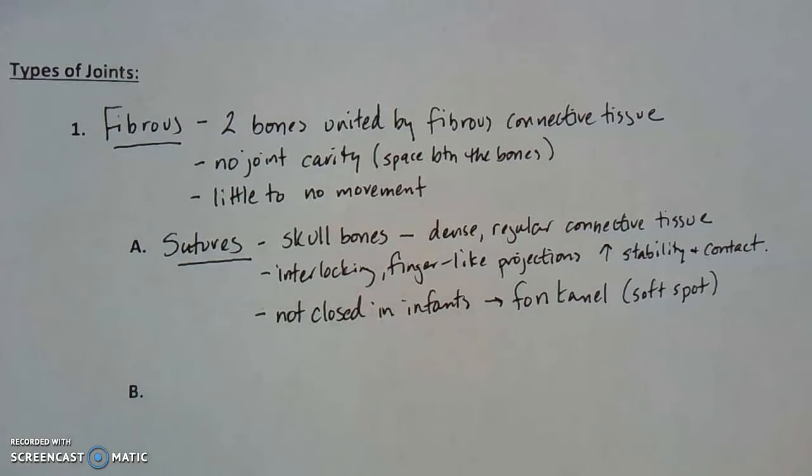They are a weak area in a baby's head. The reason that they are there is because during the process of birth, the baby's head is one of the more difficult things to pass through the birth canal. So the bones aren't fully locked in place, so they can actually slide a little bit and compact in order for the baby's head to be delivered.